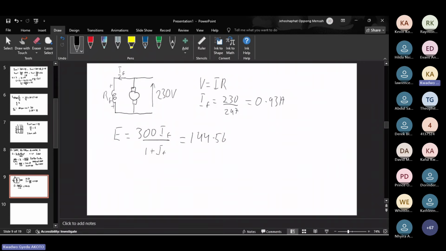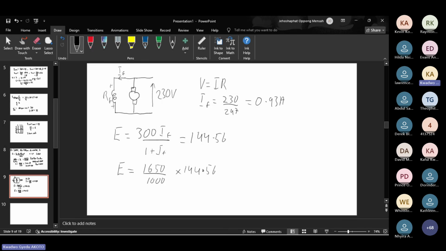Because keep in mind, this characteristic was generated when our generator was running at 1,000 revolutions per minute. Okay, so then for the same machine, E is going to be equal to 1650 on 1,000 times 144.56.